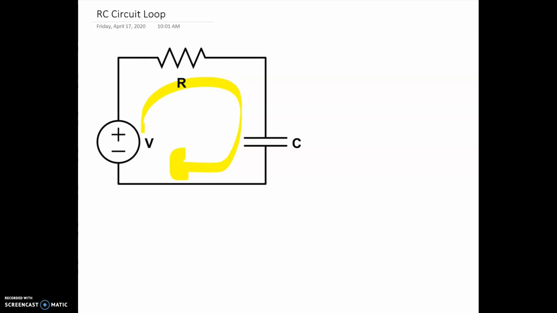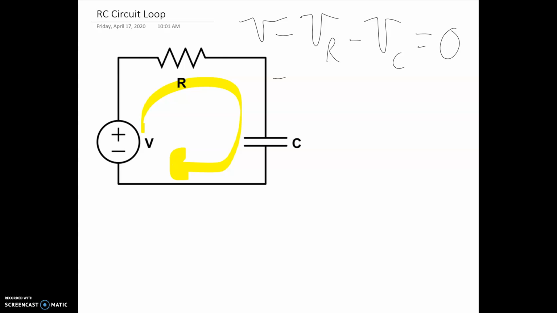Okay, but for this, I'm going to have the voltage V minus the voltage of the resistor minus the voltage of the capacitor equals 0.